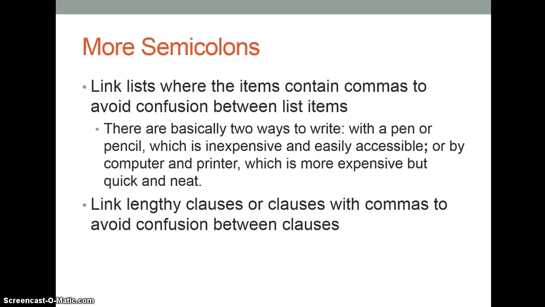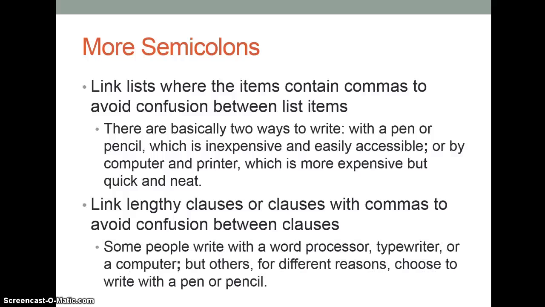Or link lengthy clauses, or clauses with commas, to avoid confusion between the clauses. So let's look at this. Some people write with a word processor, a typewriter, or a computer. So they're all in the list here. This is the first list: a word processor, a typewriter, or a computer. But others, and now we have our transitional phrase here, for different reasons, choose to write with a pen or pencil.